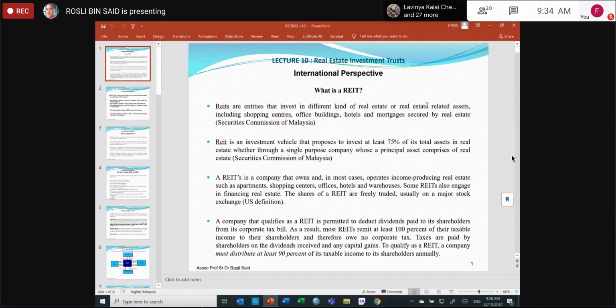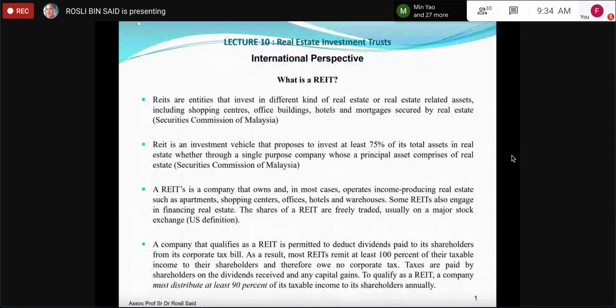So now we go into details about what it means by REITs. You can stop me as usual if you want to. We try to see the international perspective, and then the Malaysian perspective, and then diversification. So basically REITs are entities that invest in different kinds of real estate, including shopping centers, offices, hotels, and mortgages secured by real estate.